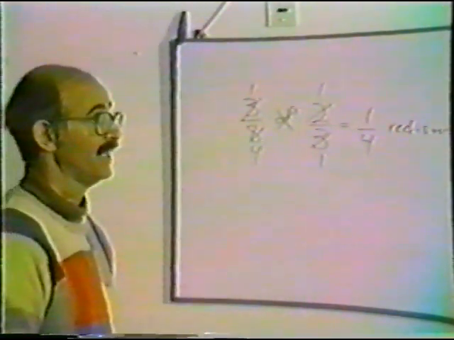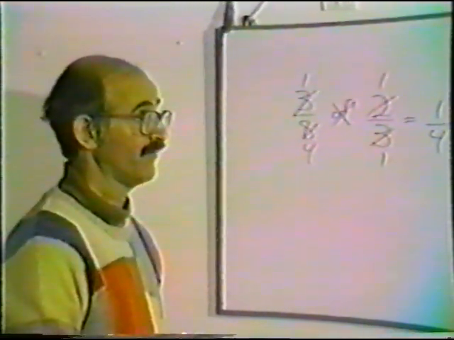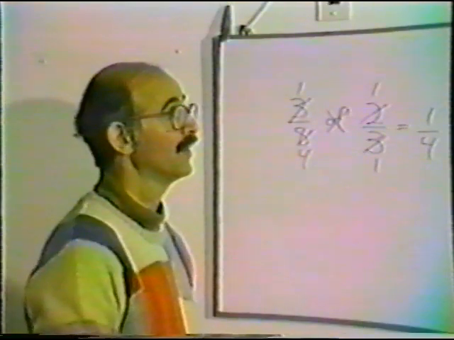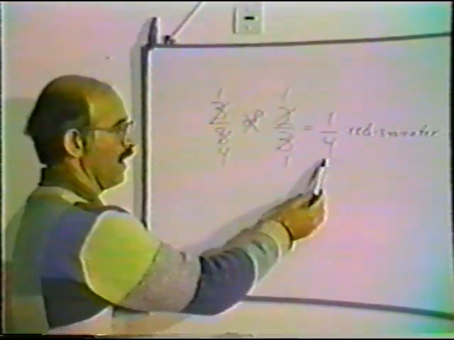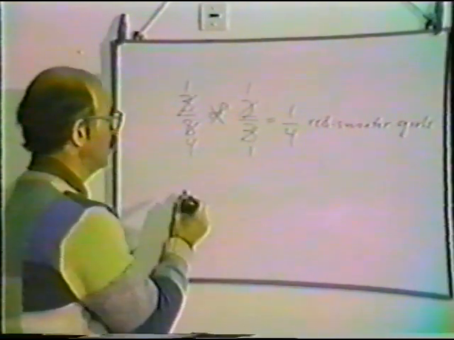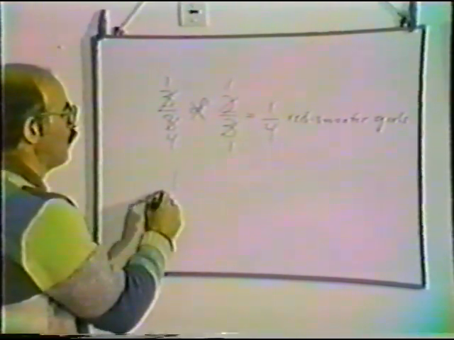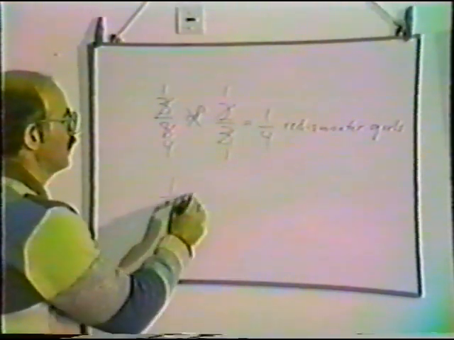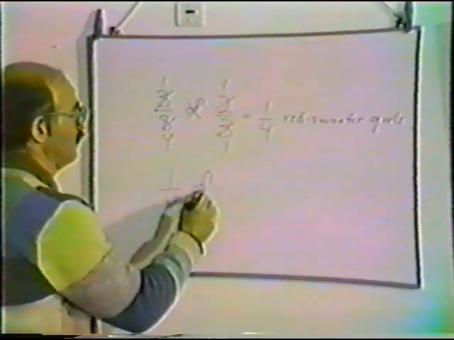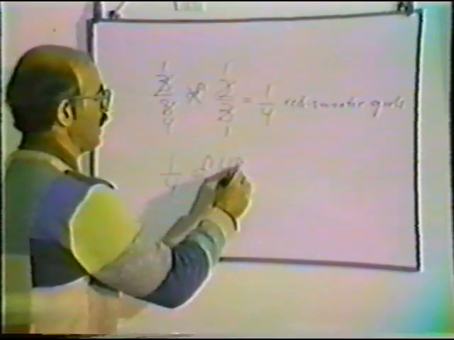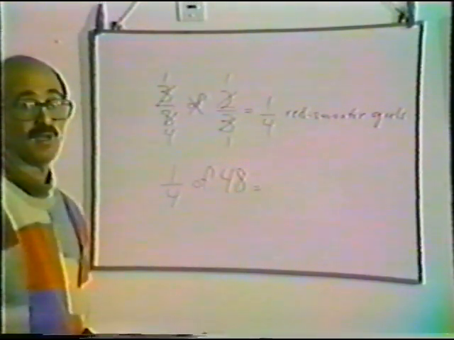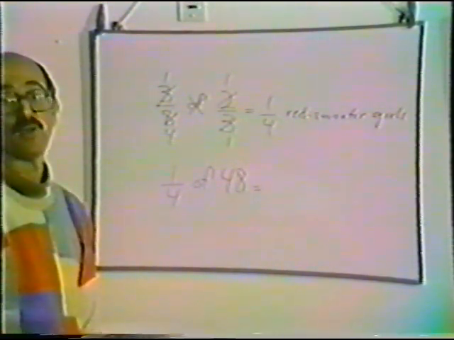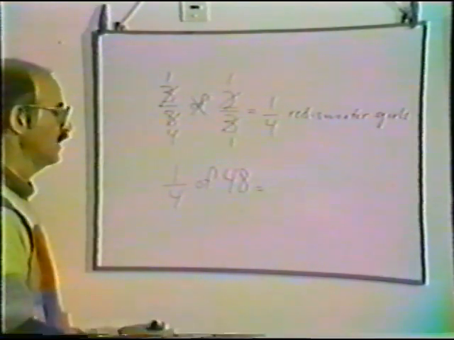Well, we've already answered what fractional part of the group was girls with red sweaters. We found out that 1/4 of them were. So we know that 1/4 of the 48 will give us the number of girls that had red sweaters.